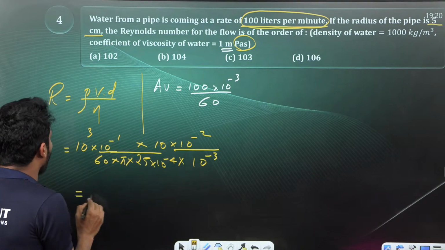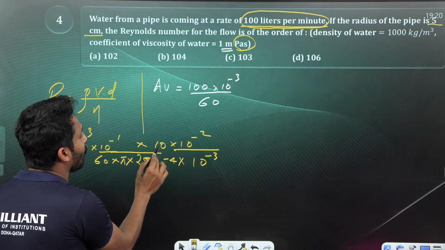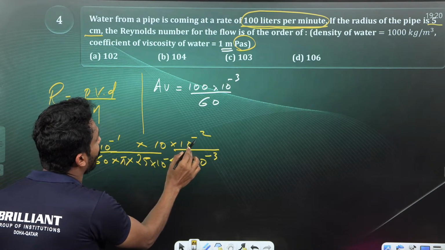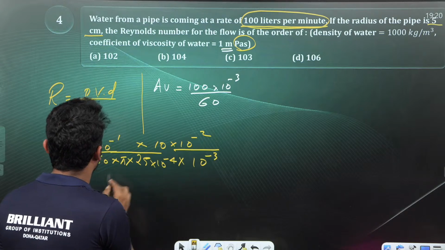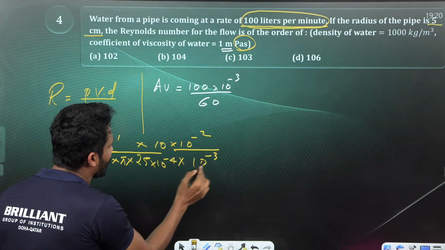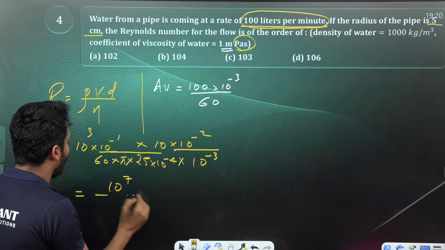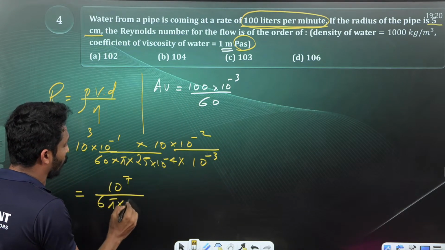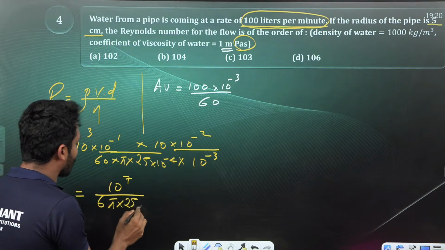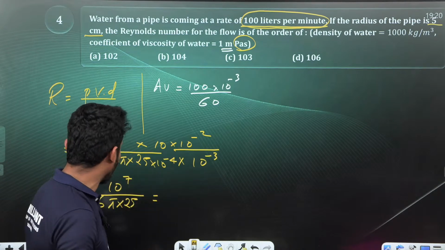Clear? So, in the numerator, 10 power 3 into 10 power minus 1 is 10 power 2, then 10 power 3, then 10 power 1. Then the 10 and this 0 are cancelled. Then 10 power minus 4 and 10 power minus 3, 10 power minus 7 taken to the numerator, it is 10 power 7. Here it is 6 pi into 25. 6 into 25 is 150. 150 into pi is just less than 500.